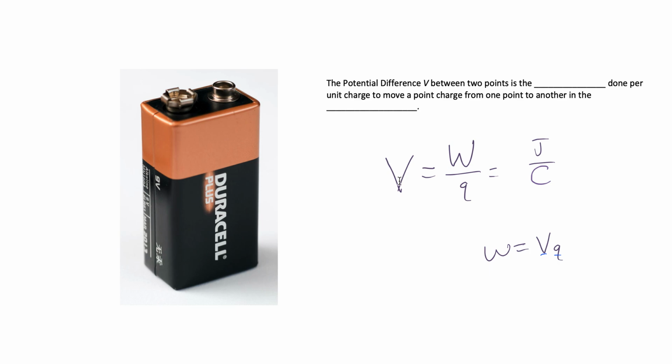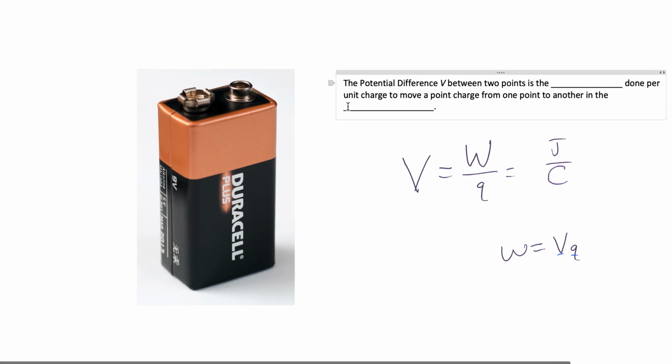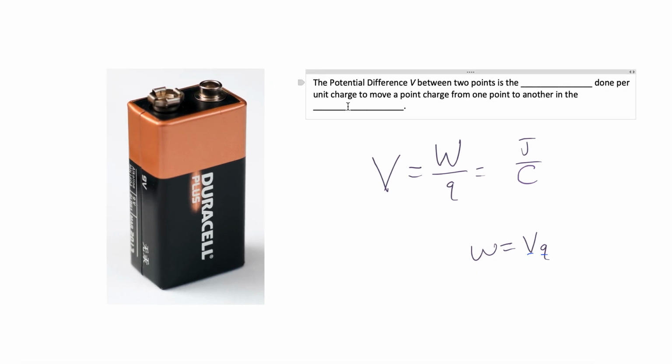But we need to remember that what causes a voltage or a potential difference is a difference in charge. And the greater that difference in charge is, the more volts your system will have. So the potential difference between 2 points is the amount of work that is done per unit charge to move a point charge from one point to another in an electric field.